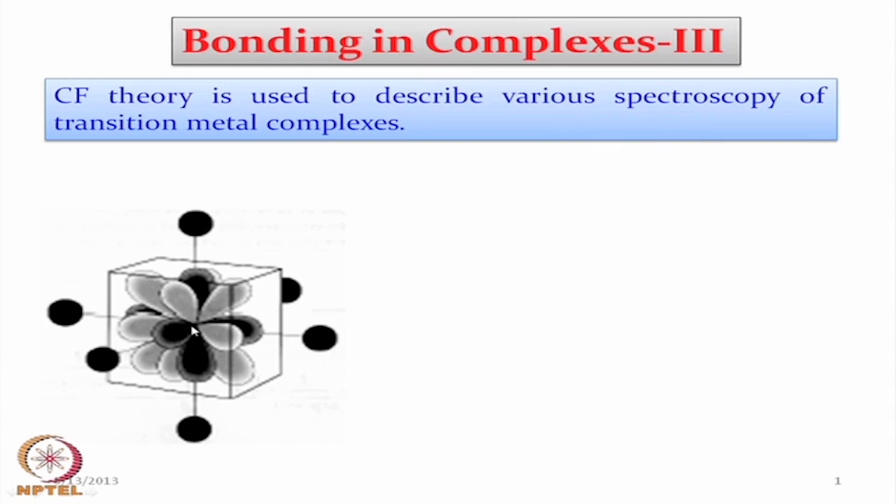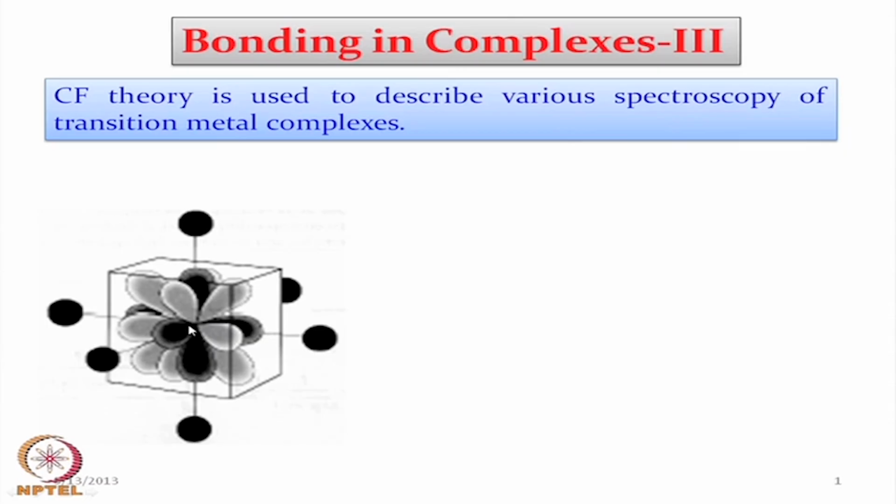The metal ion has the s orbitals, then the p orbitals and the different d orbitals, and since the d orbitals are the outermost orbitals, we will mainly focus our attention on the interaction of the d orbitals with the dipoles of the 6 ligands. These dipoles, or the negative ends of the ligands, are facing towards the metal center from the 6 faces of the cube, which is basically giving rise to the corresponding octahedral geometry.